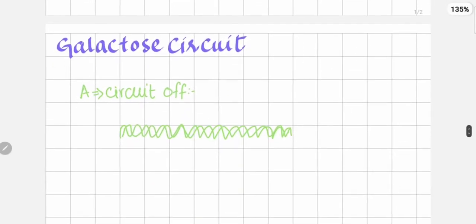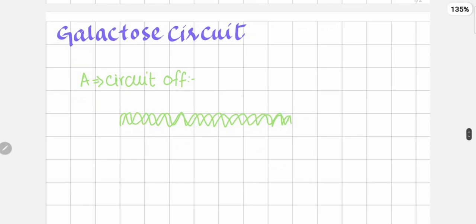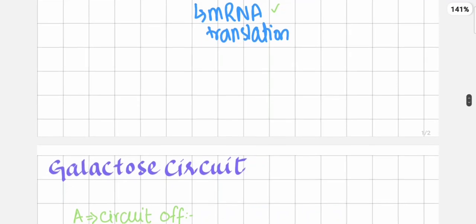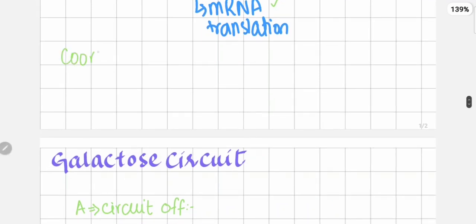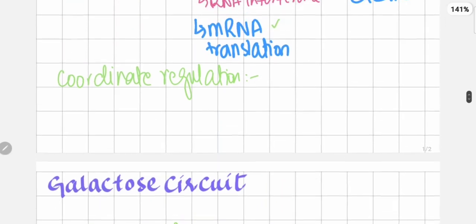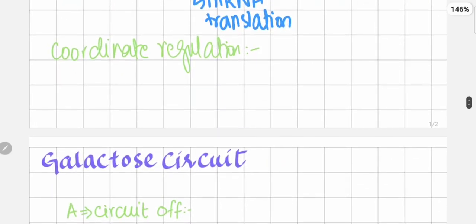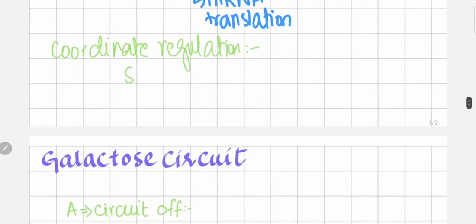So the first is the galactose circuit. In coordinate regulation, the things that we look at are the special transcription factors, the STFs. They have two domains.